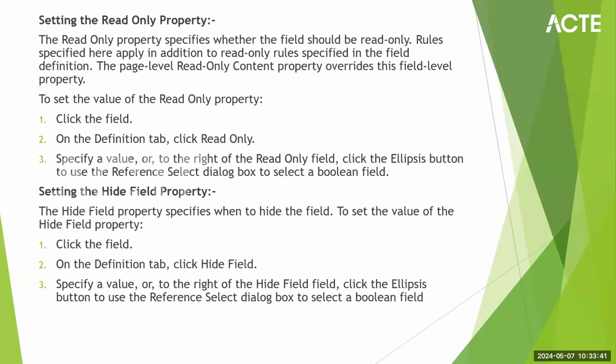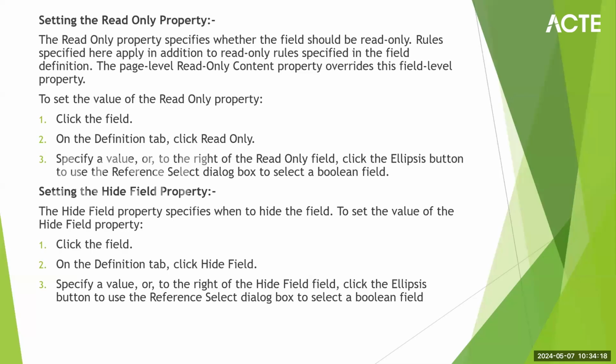In this case, you can use the hide field property, with a condition that after the user gives a value to the earlier field, only then this particular field should be displayed. How this works: by default, if you don't give any data to that earlier field, this field will not be displayed. Only when the user gives some value to that field will this field be displayed on the UI.